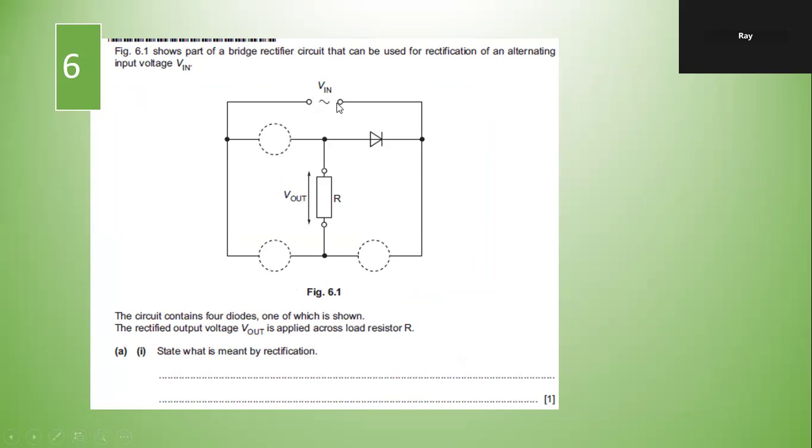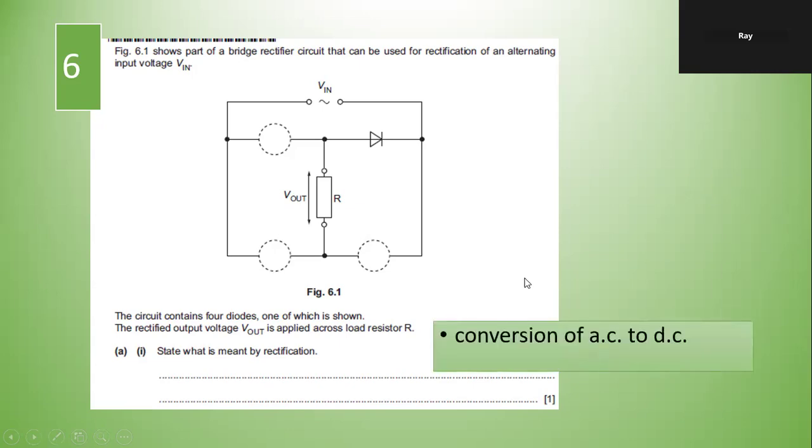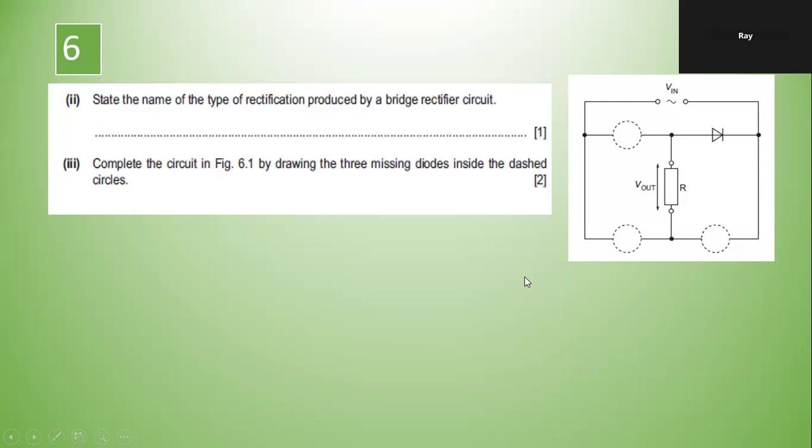State what is meant by rectification. Conversion of AC to DC. State the name of the type of rectification produced by the bridge rectifier circuit. Full wave rectification.